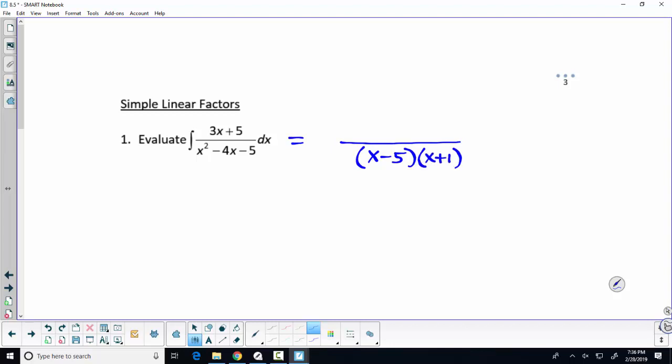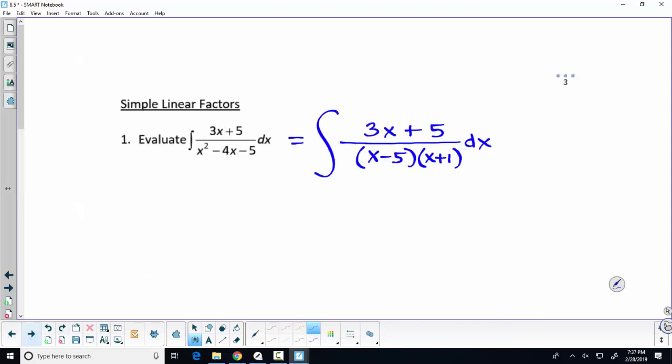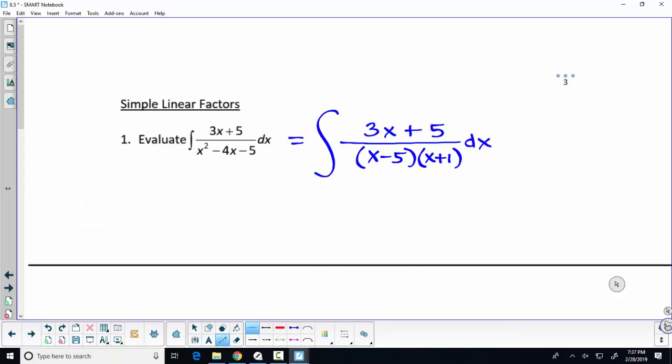Okay. So then from that, I'm going to take my 3x plus 5 over x minus 5 times x plus 1, and it's this case right here. I'm going to equate my integrand to a over the first factor plus b over the next factor and solve for a and b. Before we do that, let's take a break though.